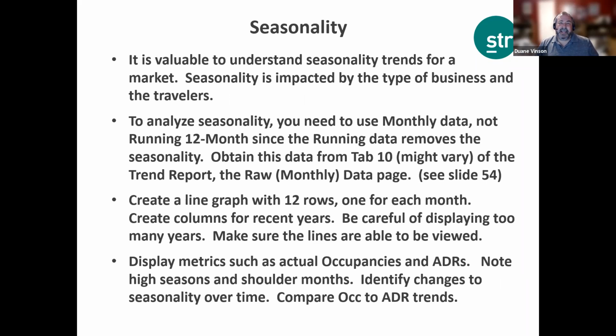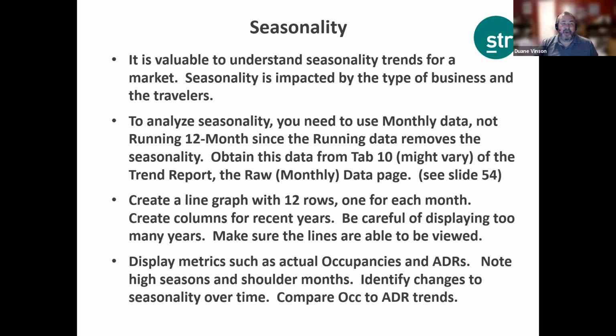With seasonality, this is really interesting to look at, very valuable to understand the seasonality trends within the market. It does impact the different types of business and the travelers coming to that market. You can analyze the seasonality by using the monthly data. Now here, we don't want to use 12-month moving average, right?